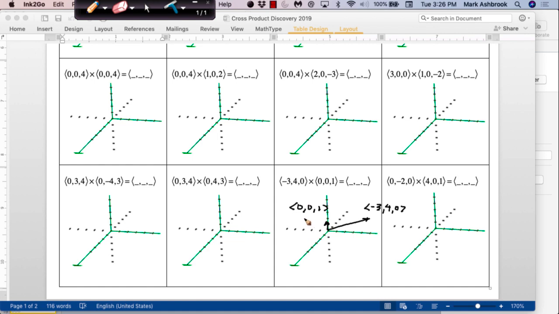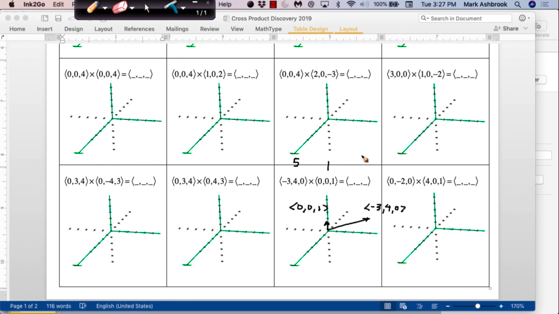So therefore, since these are orthogonal, the magnitude will be the product of the magnitudes, right? Because these are orthogonal. So what is that? Magnitude of this one is 1, magnitude of this one is 5, right? Square root of 9 plus 16. So the magnitude of the cross product will be 5.